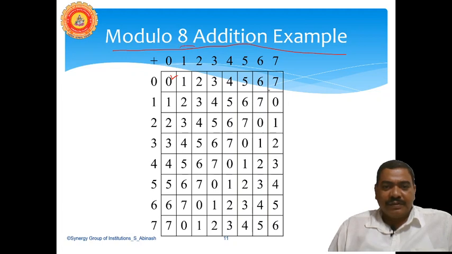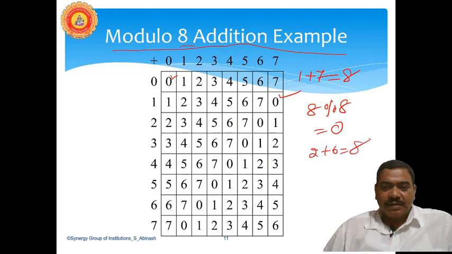Now 1 plus 7 is 8, so 8 mod 8 is equal to 0. Similarly, 2 plus 5 is 7. 2 plus 6 is 8, so 8 mod 8 is equal to 0.